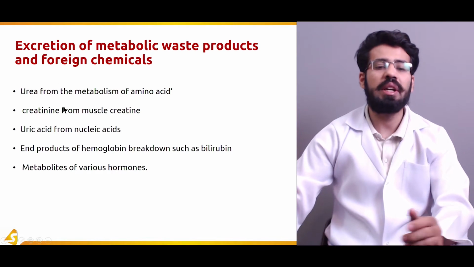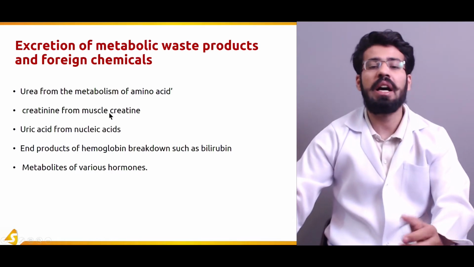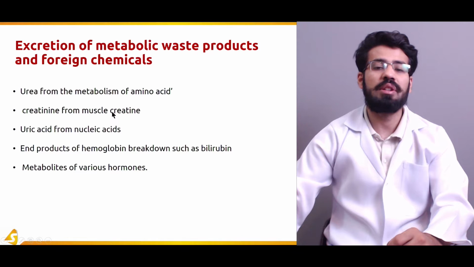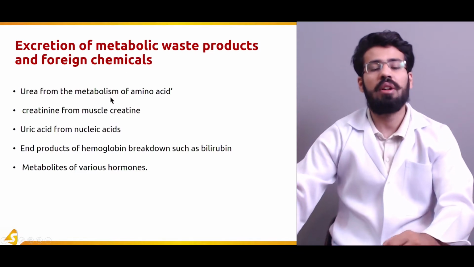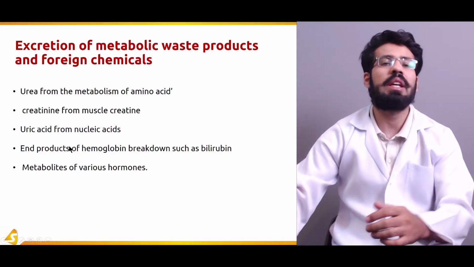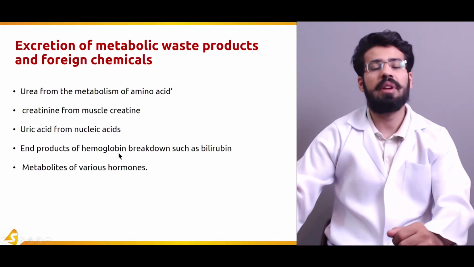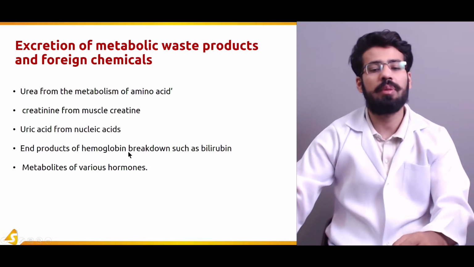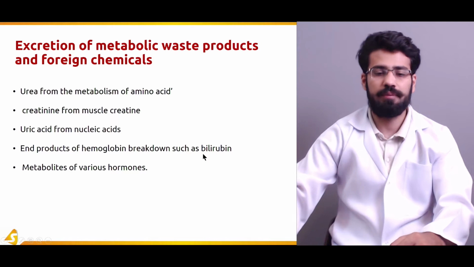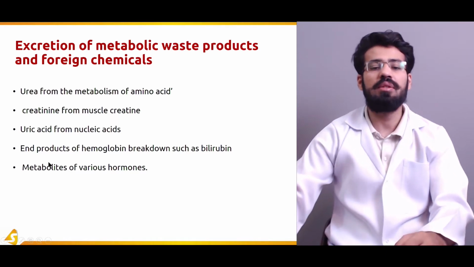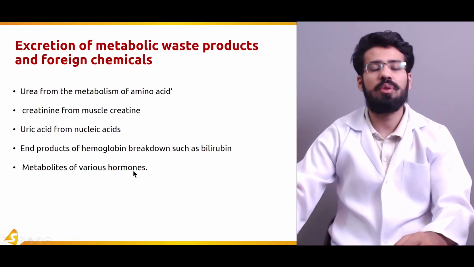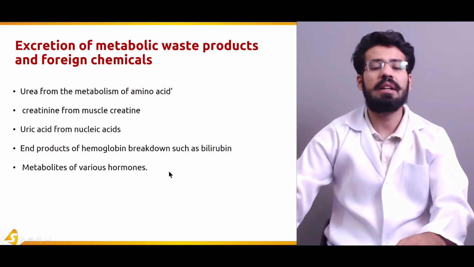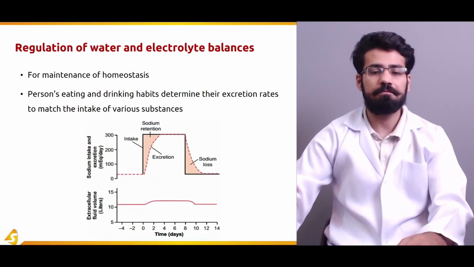Along with that, creatinine from muscle creatine is also a part of the excretion of metabolic products. Also, the end product of hemoglobin breakdown, which includes bilirubin, and the metabolites of various other hormones. We are going to discuss these hormones in detail as well.